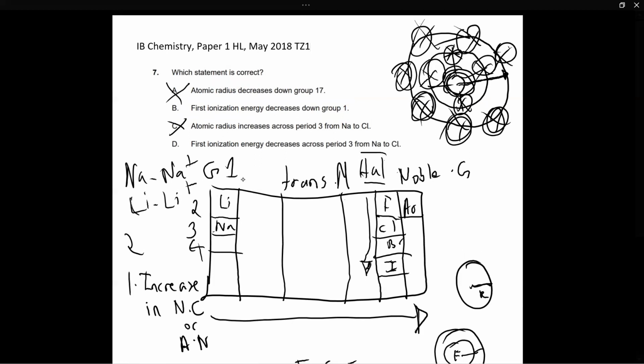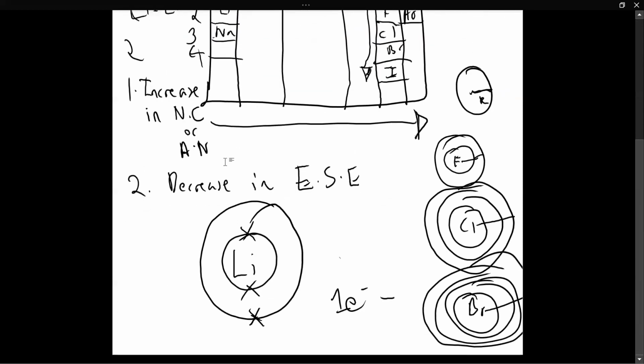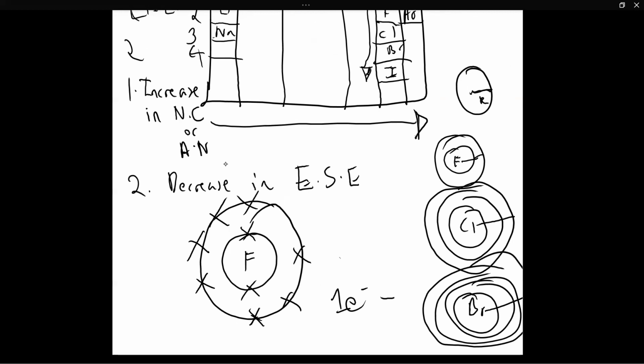Now let's take a look at halogens, the other spectrum. I'm going to take the example of fluorine. Fluorine has an atomic number of 9, which means that it has 9 electrons as well. 2 in the inner shell. Remember, the inner shell can only hold a maximum of 2 electrons, and 7 electrons in the outer shell.